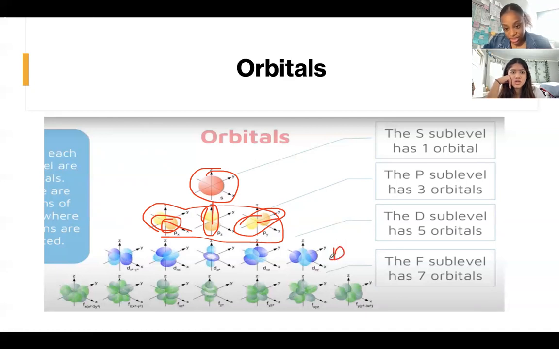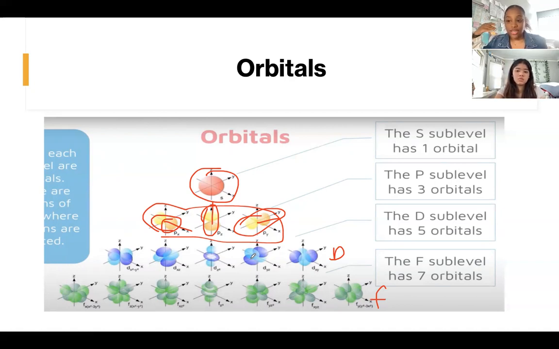So this is your D orbital and this is your F orbital, and that's going to have 5 orbitals, and each of those orbitals is going to hold 2 electrons. But as you go down, like I was saying, in the S level you can describe that as a sphere, and in your P level you can describe that as a dumbbell shape.